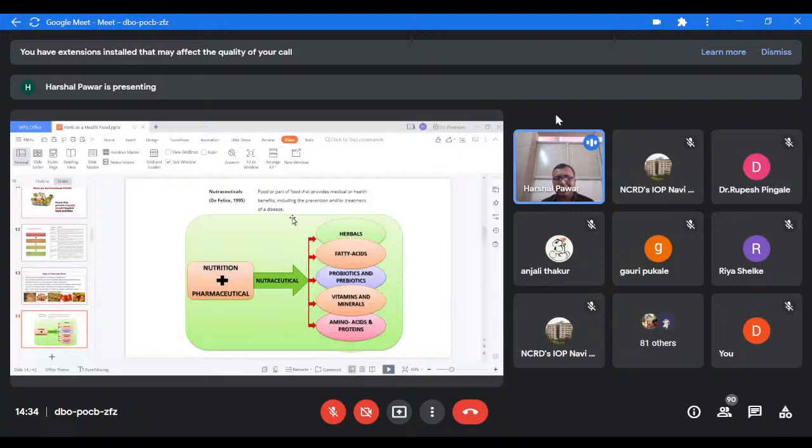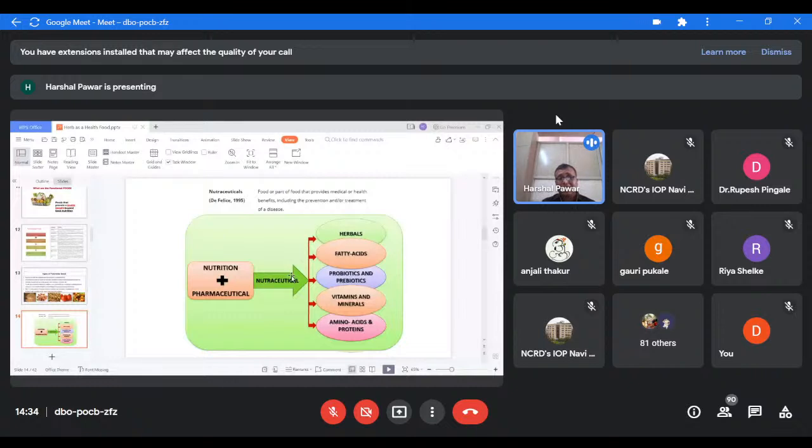Right. So nutraceutical basically is a hybrid of two different terms. One is nutrition and second is pharmaceutical, right? And when you are using this particular term, it means that along with nutritional benefit, you are also giving pharmaceutical benefits to those who are consuming these nutraceuticals, right?